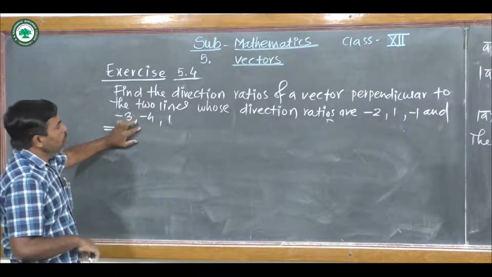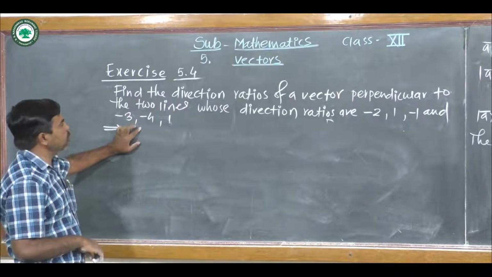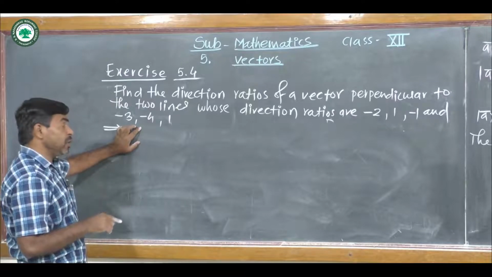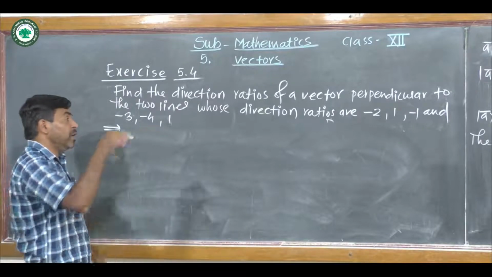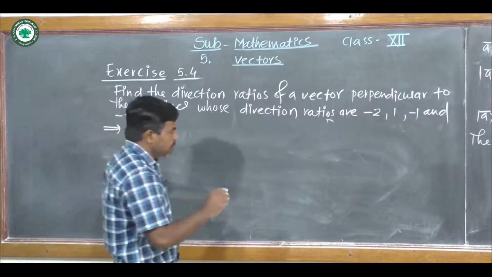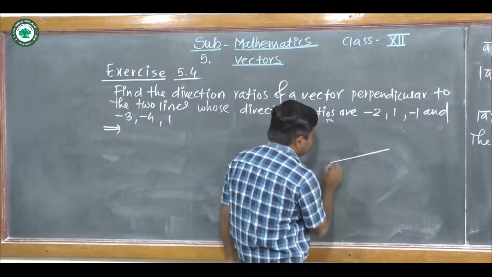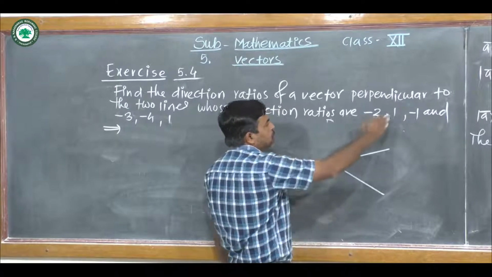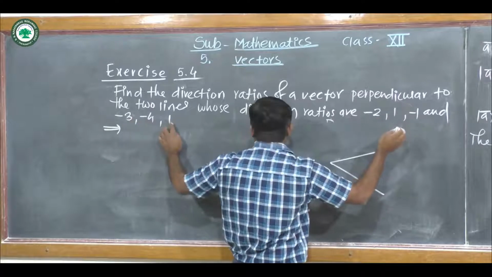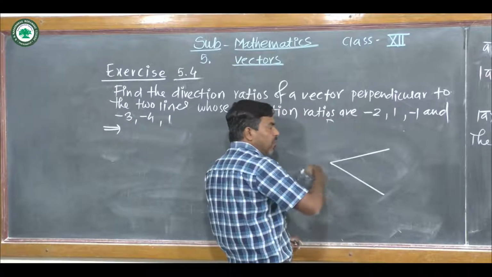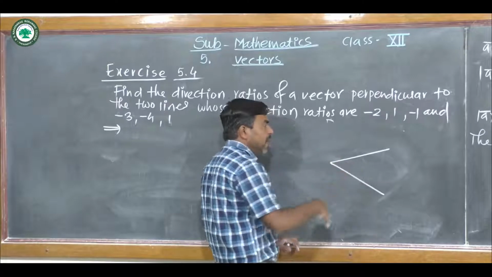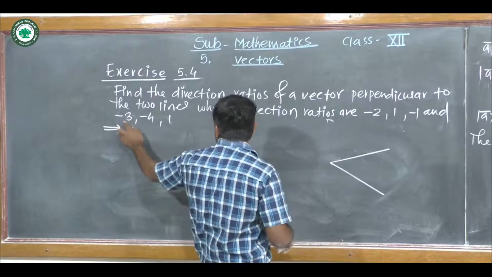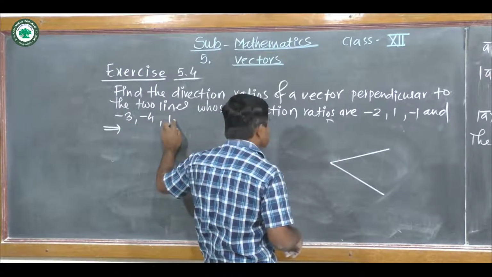Here we have the direction ratios of two lines and we want to find the direction ratios of a vector which is perpendicular to these two lines. Suppose these are two lines whose direction ratios are -2, 1, -1 and -3, -4, 1. So the vectors along these two lines are -2i cap plus j cap minus k cap and -3i cap minus 4j cap plus k cap.